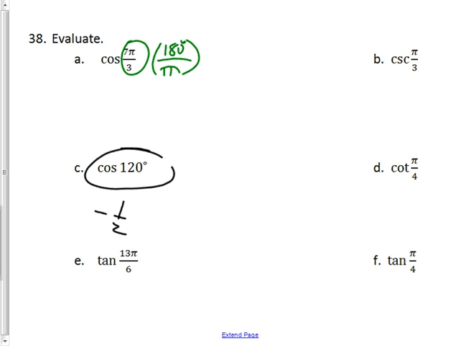And then I could cross multiply, and I could cancel the pi's, and then 3 goes in here once, and in here 60, and then I'd have 60 times 7 is 420 degrees. So if you really want to, you could do it that way, and then you could do cosine of 420.